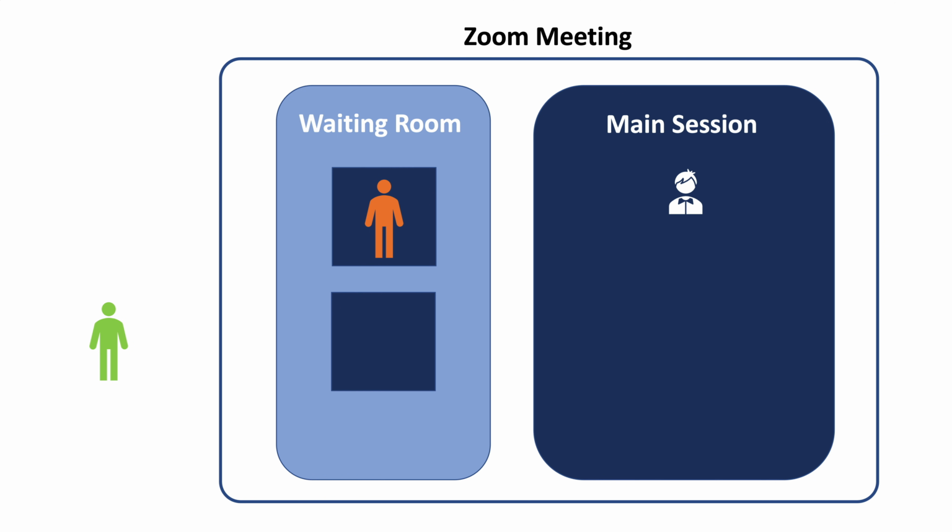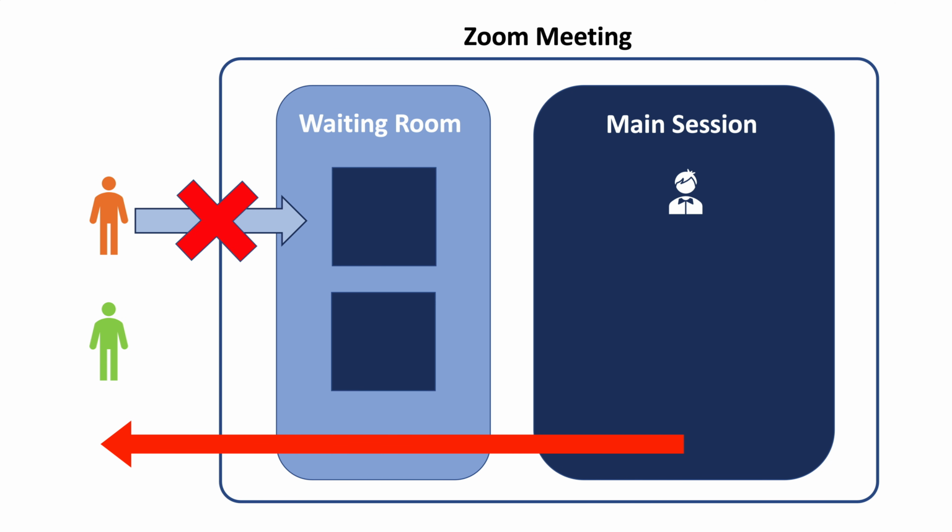The host can then bring the participant from the waiting room back in the main session or have the participant removed from the waiting room. Once removed from the waiting room, the participant will not be able to join the meeting. It should be noted that the host also has the option to directly remove any participant from the main session, and the participant will not be able to rejoin the meeting.